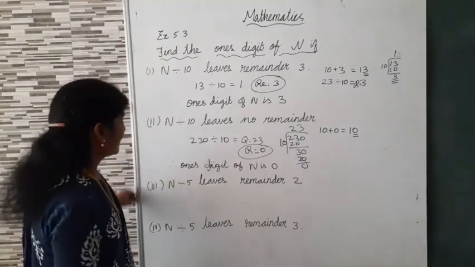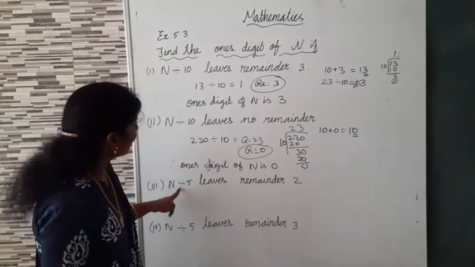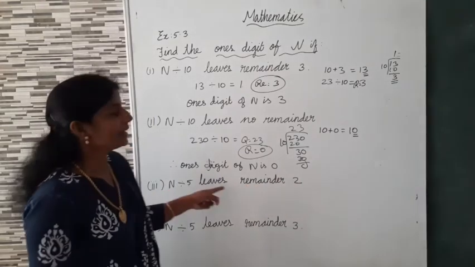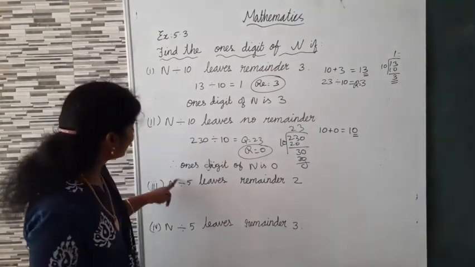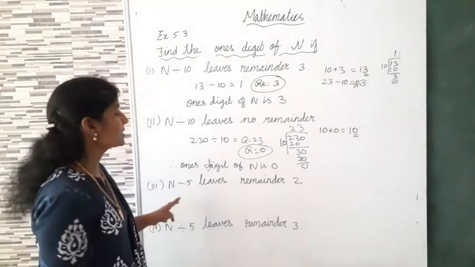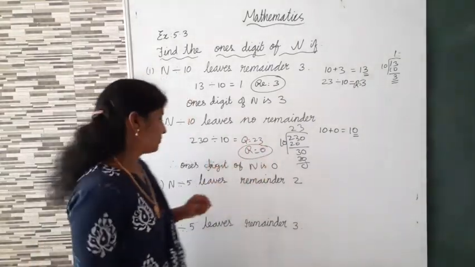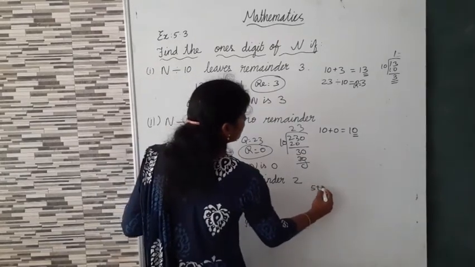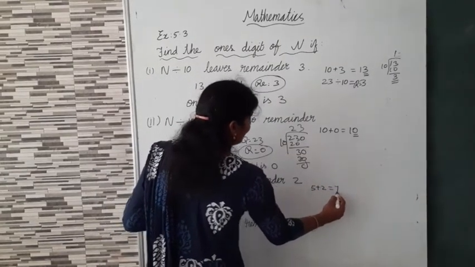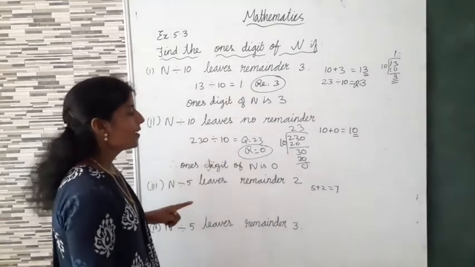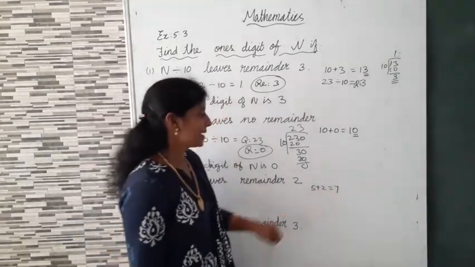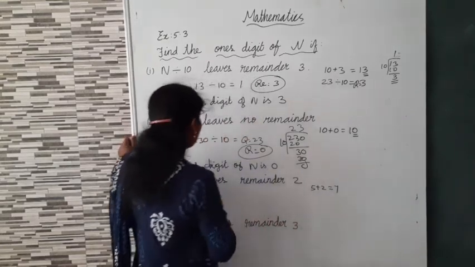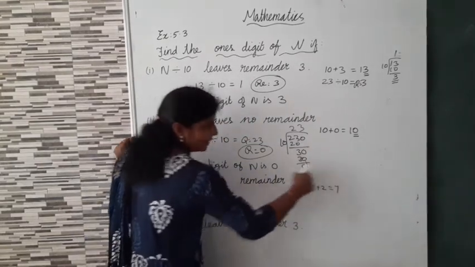Clear? Okay, then the third question. N divided by 5 leaves remainder 2. We need remainder 2. Take any number n; n divided by 5, the remainder is 2. Now here 5 plus 2 is equal to 7.